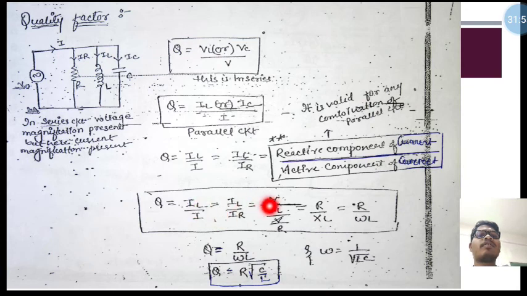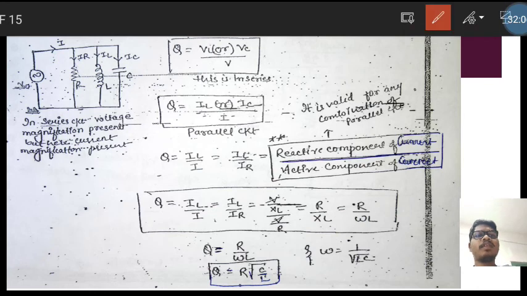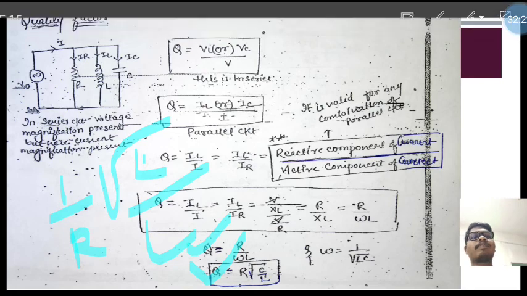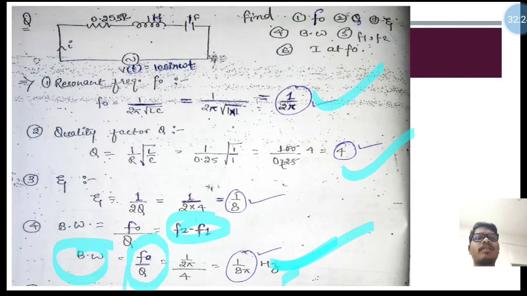So IL is equal to V divided by XL, and I is equal to V divided by R. So from that we can find that R divided by XL and R divided by omega L. So this is the overall quality factor, that is R divided by omega L, or quality factor is equal to R root over of C divided by L. Or if we take the series circuit, then 1 divided by R root over of L by C. Okay, this is the quality factor.